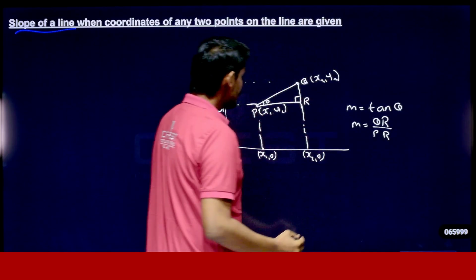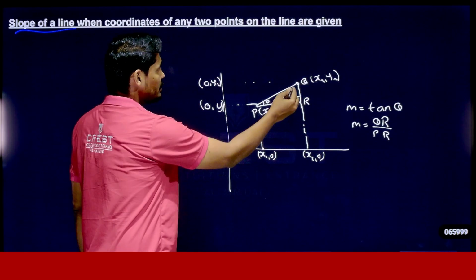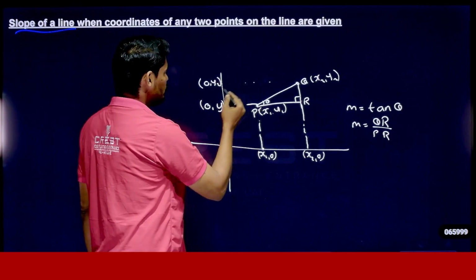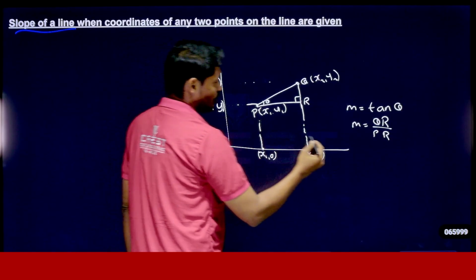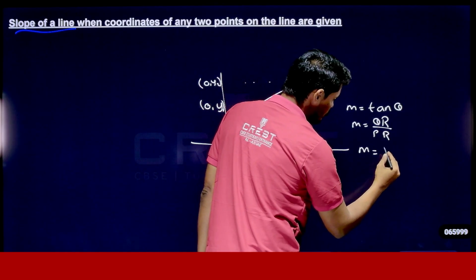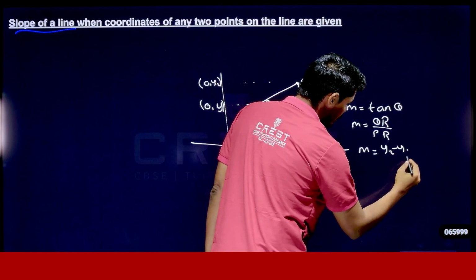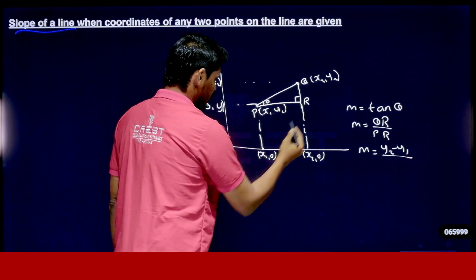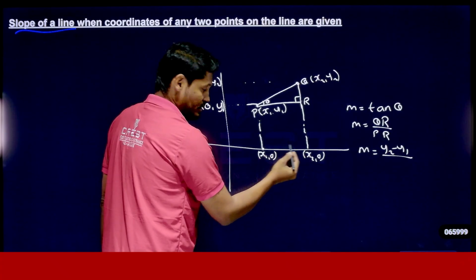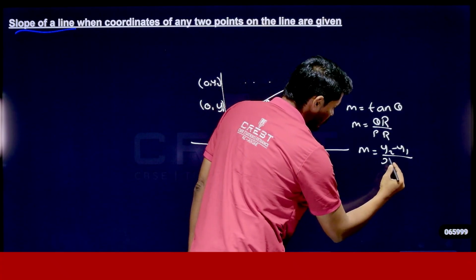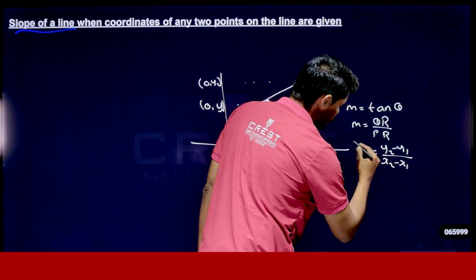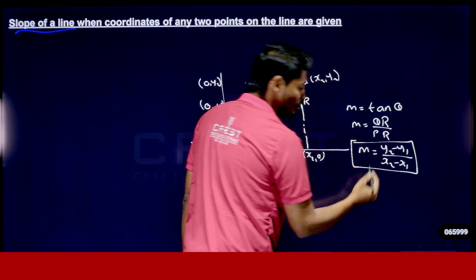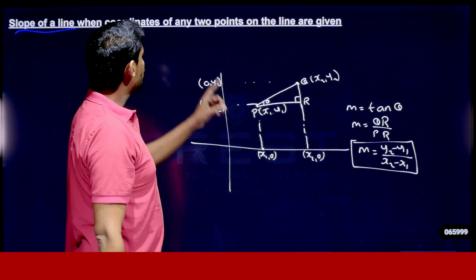And what is actually QR? QR is the distance from this point to this point. This is y2 minus y1. So you will get m equal to y2 minus y1 divided by PR, the distance between these 2 points, that is x2 minus x1.